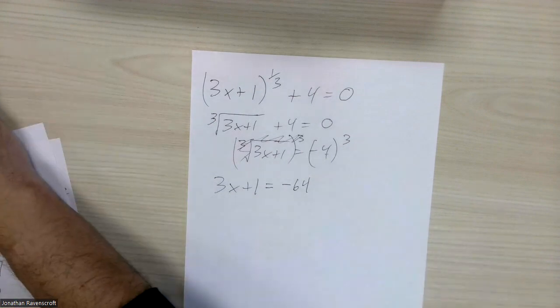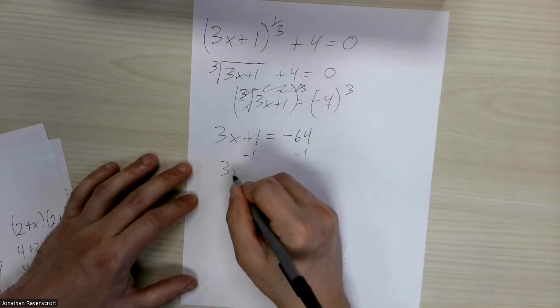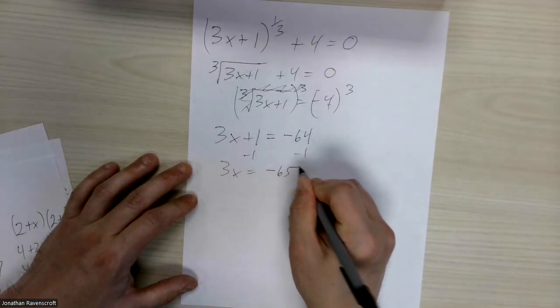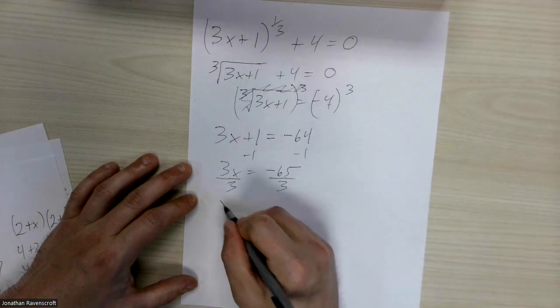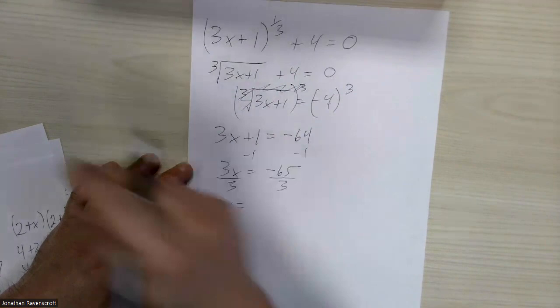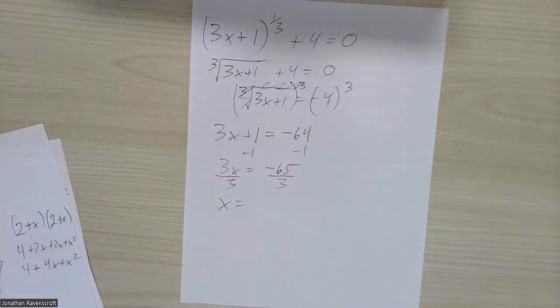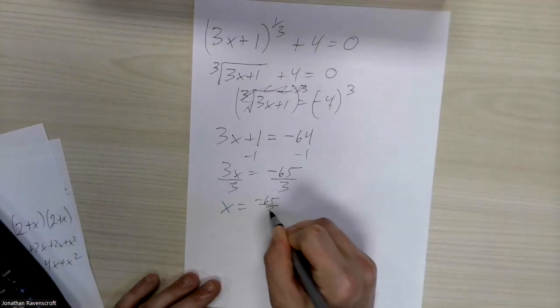And then we get a fairly easy equation to solve. Divide by 3, x equals, what is that? Doesn't go evenly. Negative 65 over 3.